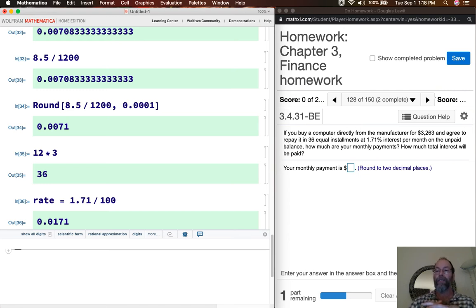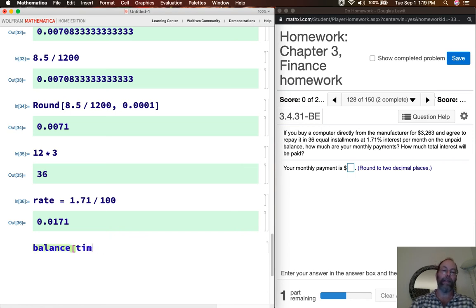And I'm going to do this using what's called a recursive function. I'm going to say balance of month, I'll call my variable month, and you really need that underscore, guys. The underscore here is not an option.